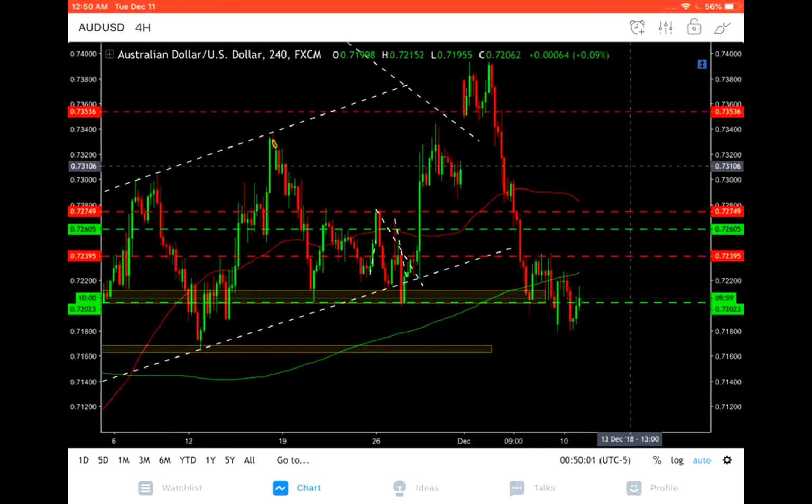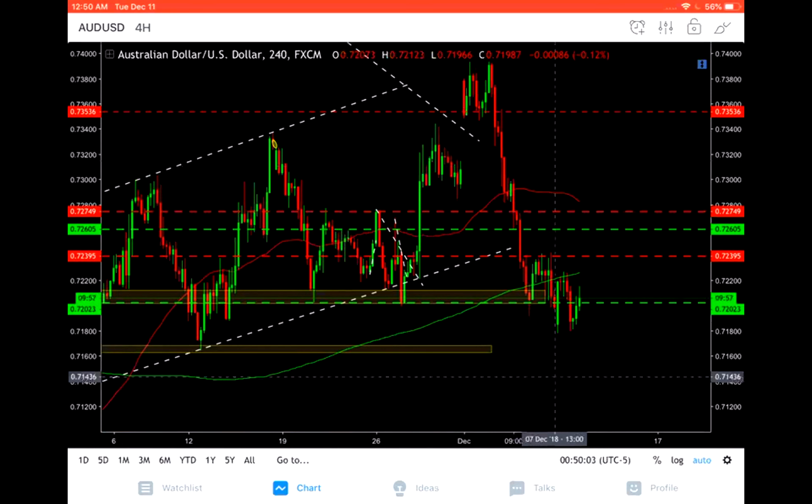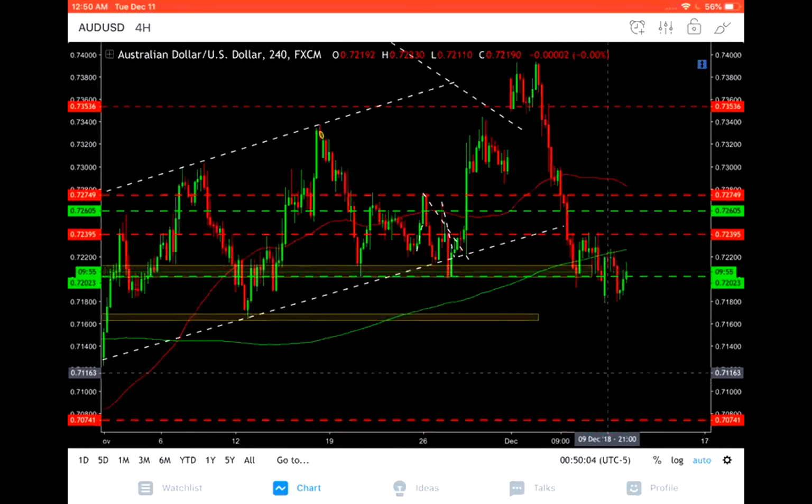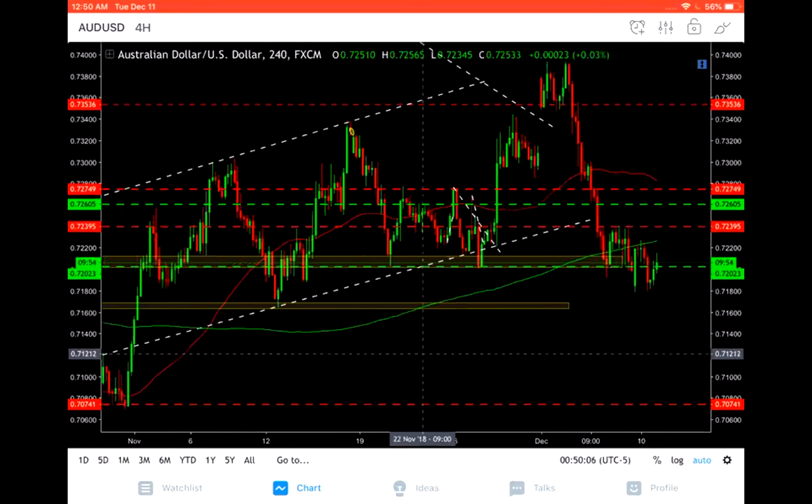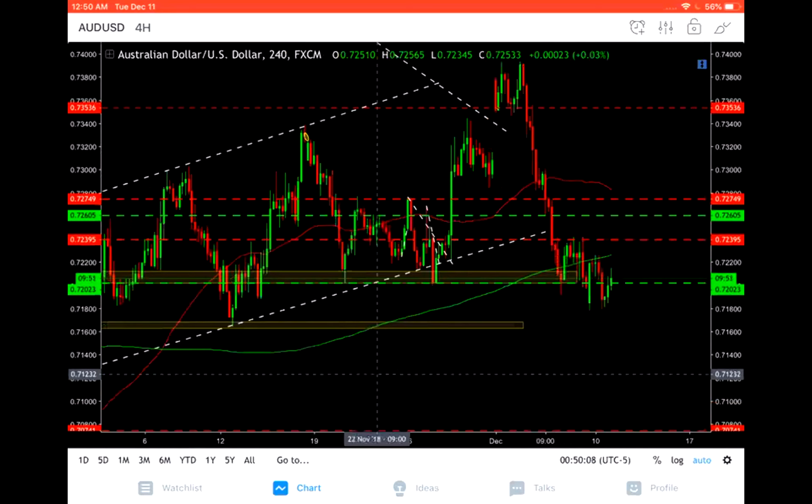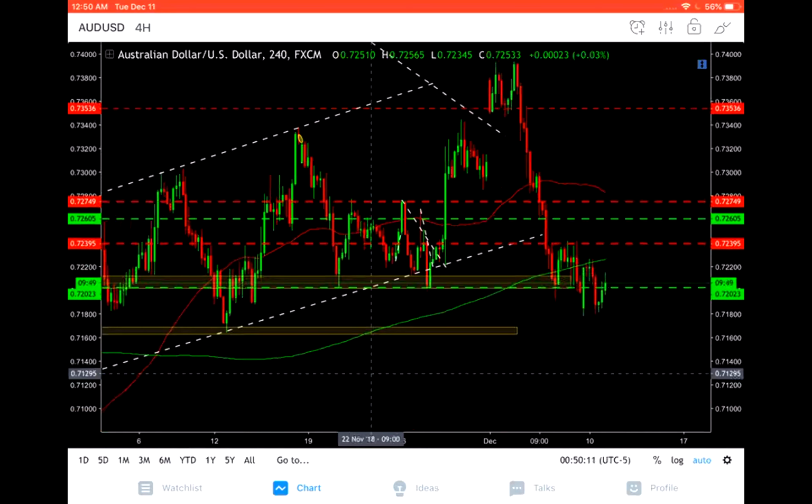Real quick, I want to show this to you. Shadi, you see here? You see how the gap happened within the opening of price? You see how it formed, it was a bullish movement, and then it had a falling wedge, and then the price opened up above? Usually that's a signal.